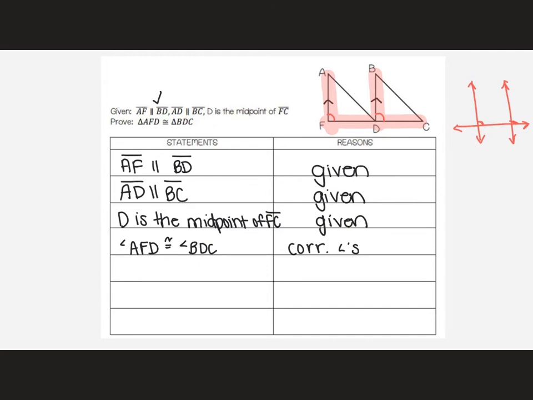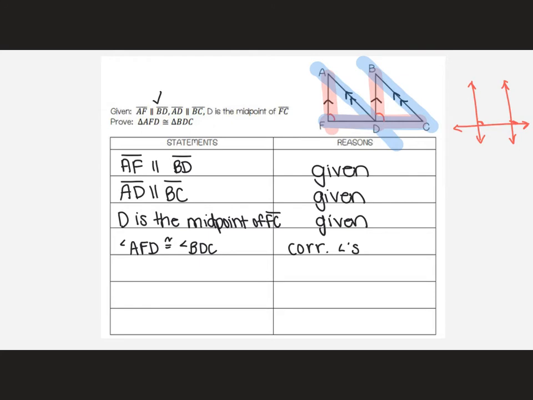The second given, AD is parallel to BC. This time I want to mark these parallels with arrows going in the same direction, but I need to do double arrows. Again, if I highlight, I'm going to use a different color. I have these two segments. They both touch this segment here.